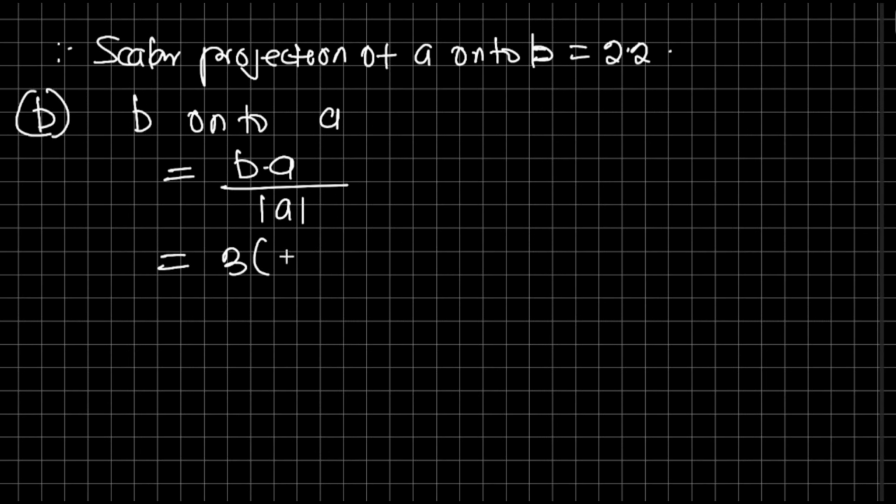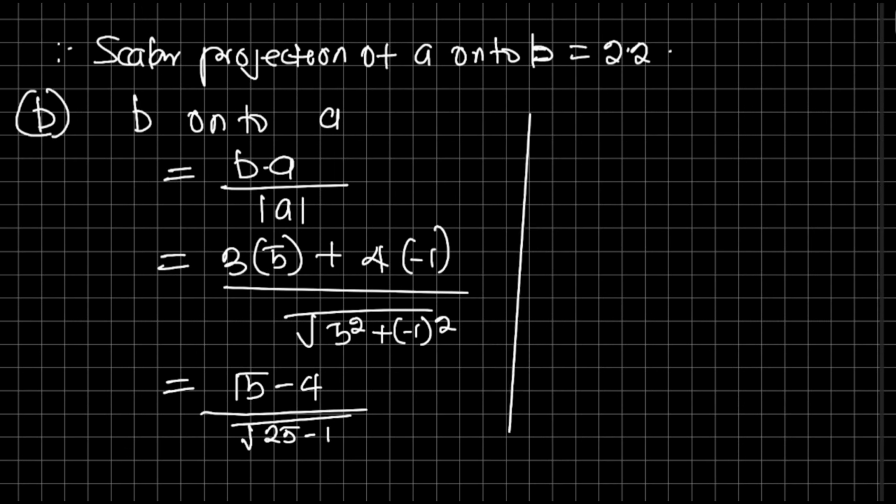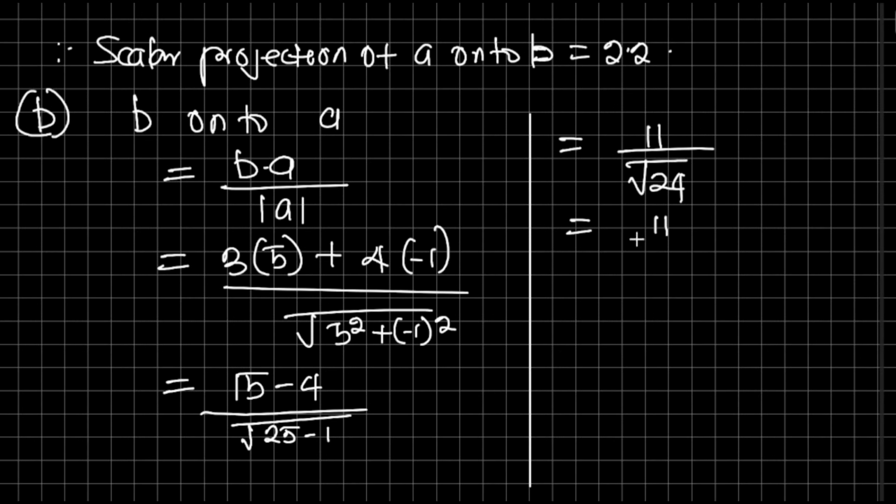So that would be 3 multiplied by 5 plus 4 multiplied by minus 1 all over the magnitude of A, that is the square root of 5 squared plus minus 1 squared, and that is equal to 15 minus 4 all over the square root of 25 minus 1.